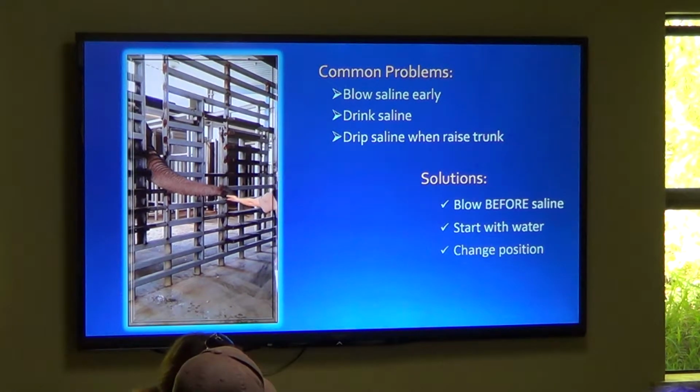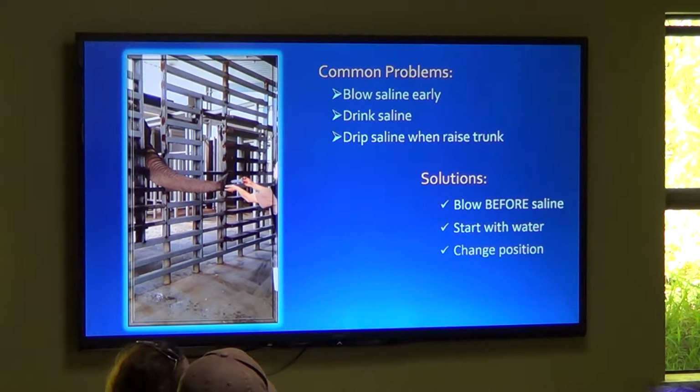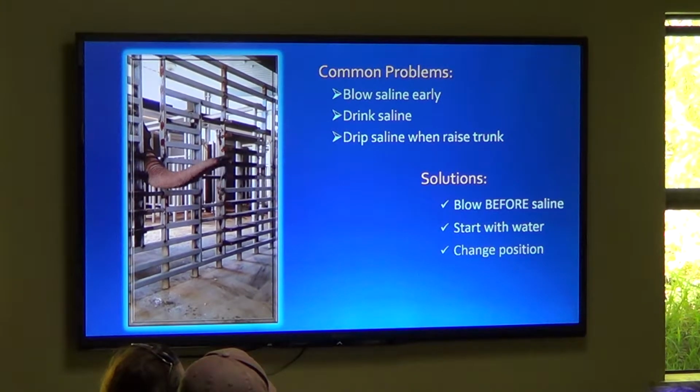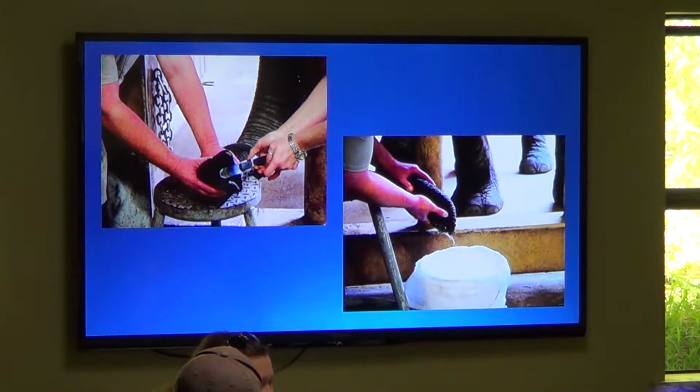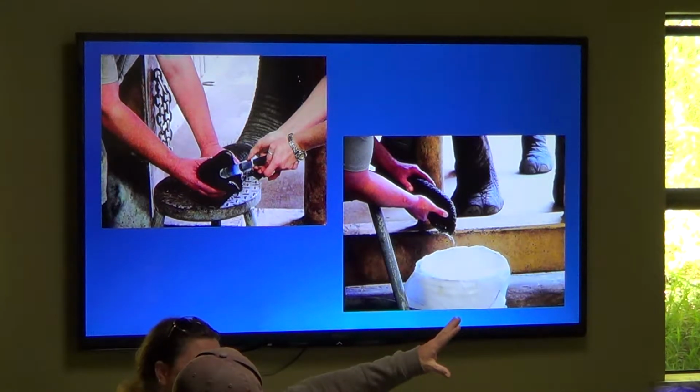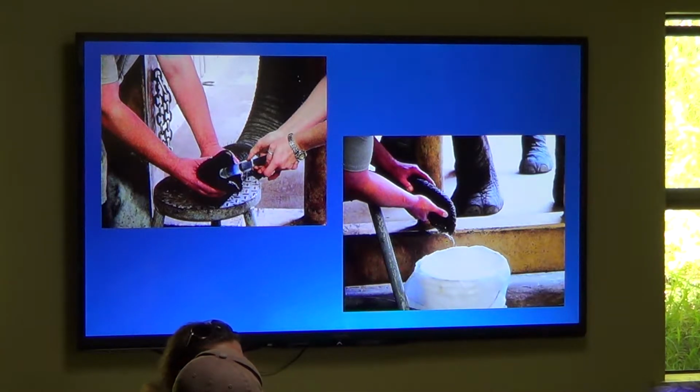Now, how do we position the elephant for inserting the solution into the trunk? There's a number of different ways. You've seen a couple of examples where the elephant's trunk were extended. We could also think of using a different position for the animal.